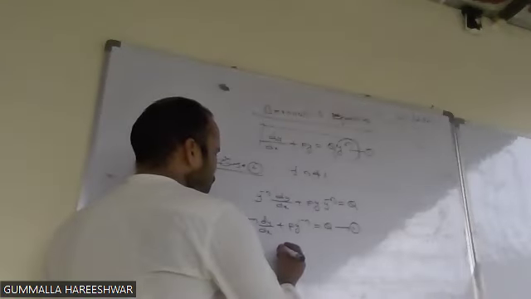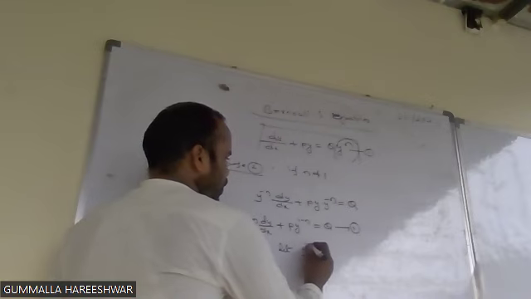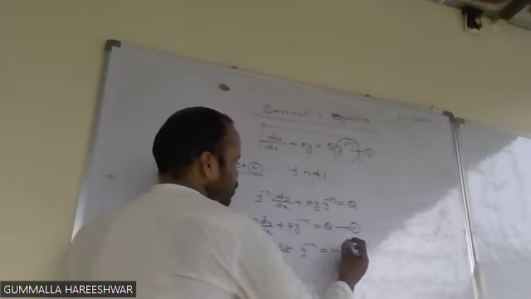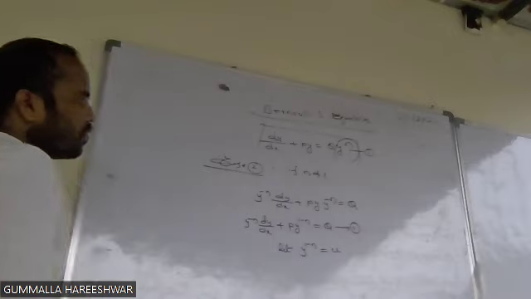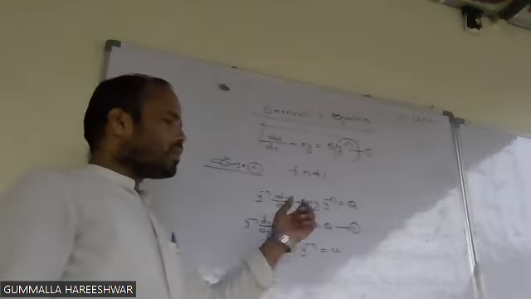Now, to convert to the linear form, I'm taking y power 1 minus n equals u.